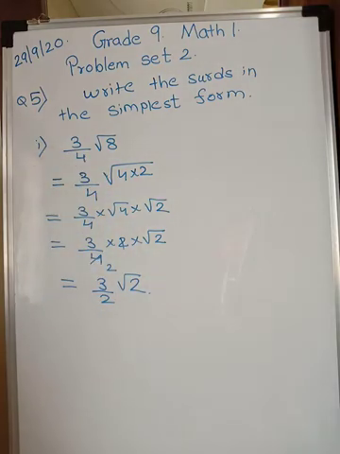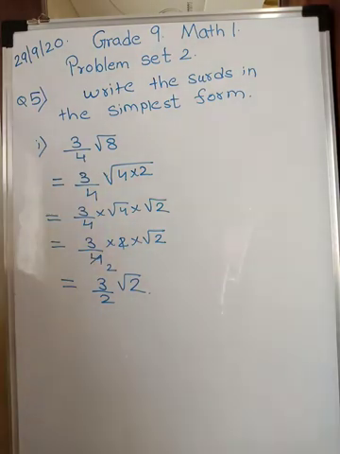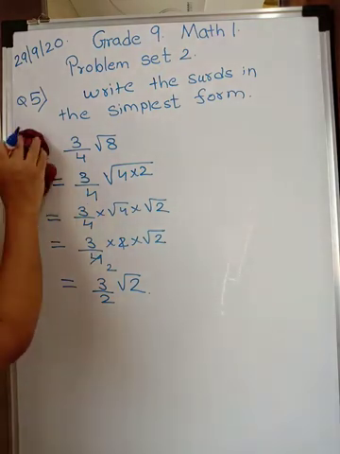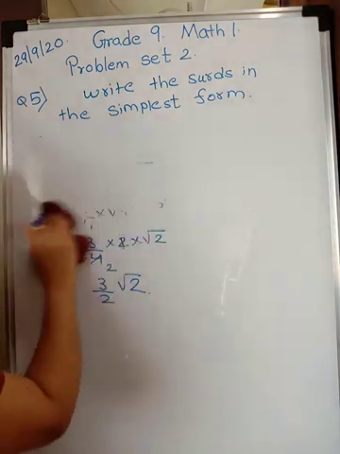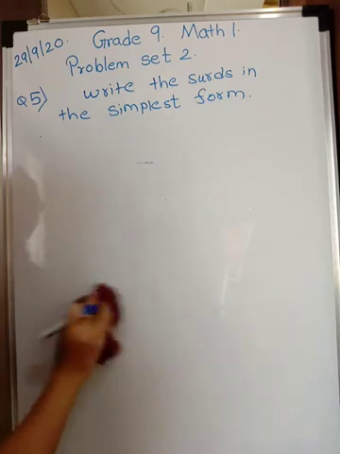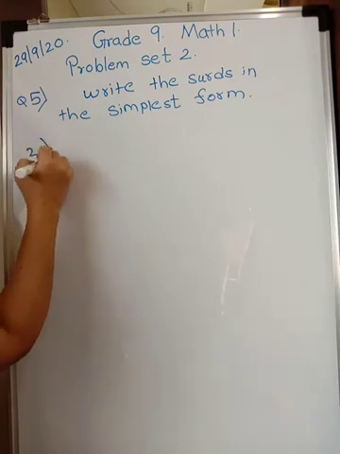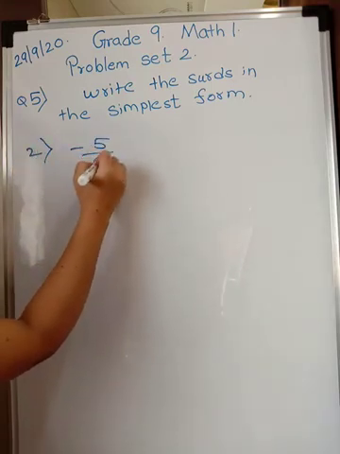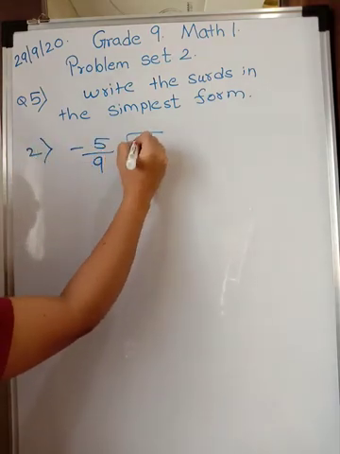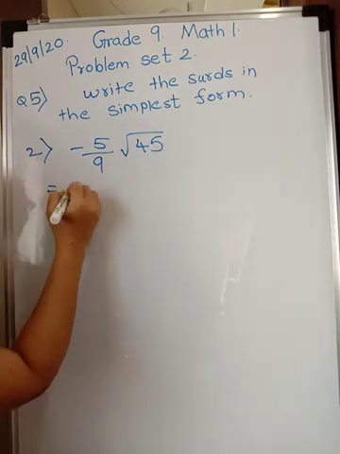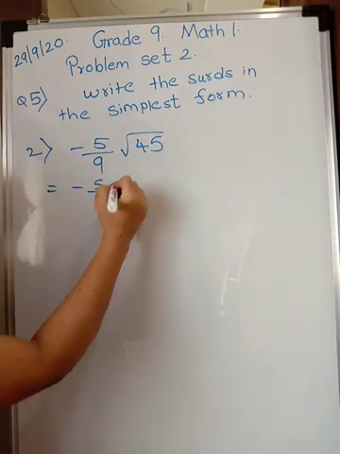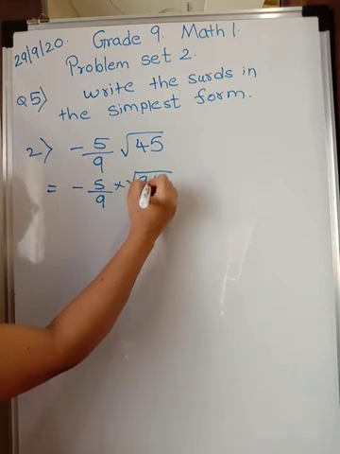Alright, let's go to the other problem quickly. We have, second, minus 5 upon 9 root 45. So let's do that. So the second one I am doing from this: minus 5 upon 9 into root 45. Again 45 can be written as 9 into 5.